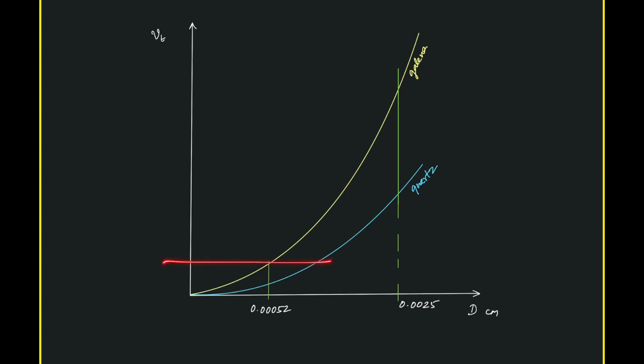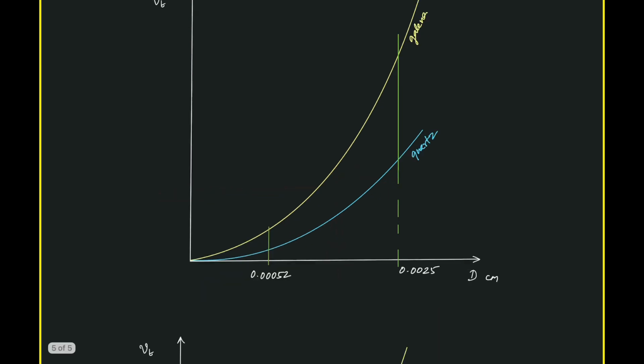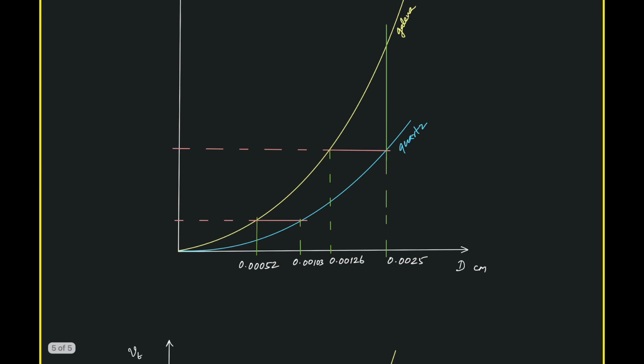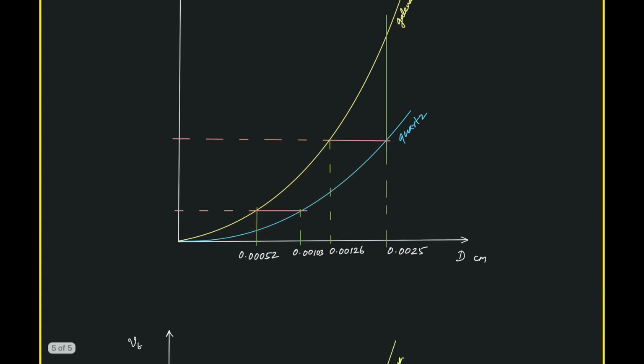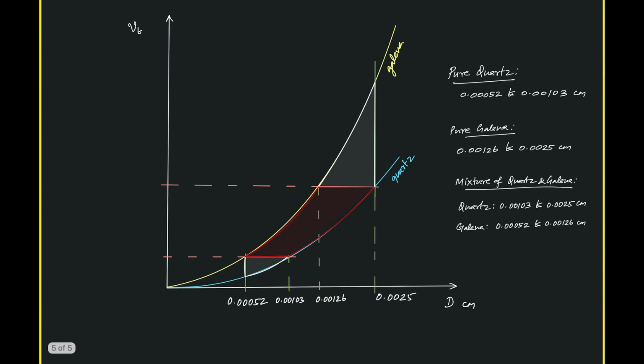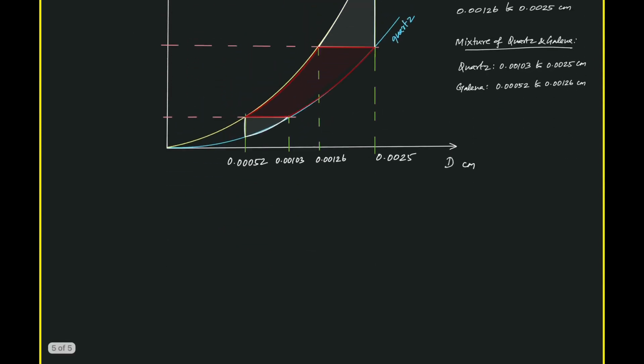These two dimensions are estimated to be 0.00103 and 0.00126. We have this portion to be pure galena, this corresponds to pure quartz, and this range corresponds to the mixture. So they are obtained. With this we are done with our problem. Thank you.